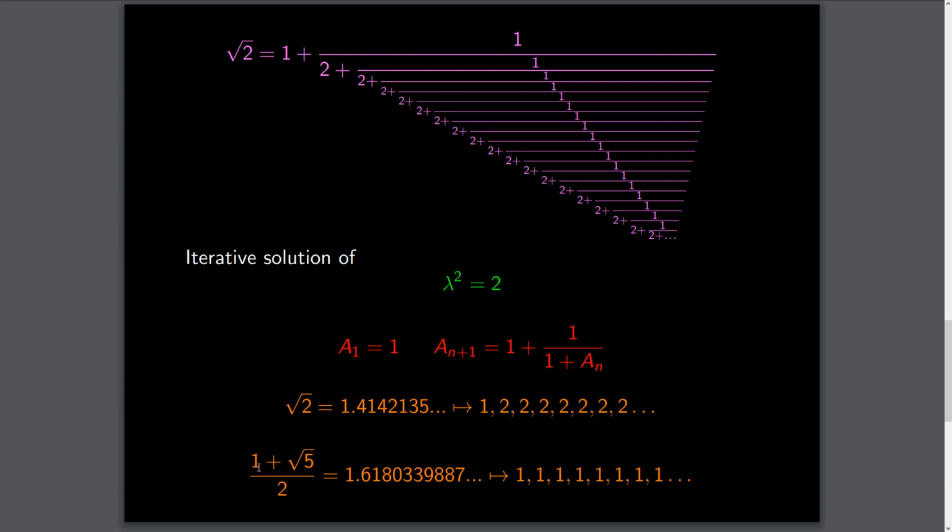And we have already seen the infinite continued fraction form of 1 plus square root of 5 divided by 2, and the decimal representation, 1.61833, etc., is pretty chaotic. It's not really showing us a well observable pattern. But if you are dealing with the infinite continued fraction representation, what you are getting is 1, 1, 1, 1. So the pattern is way more obvious. So it gives us order when there wasn't really an order appearing.